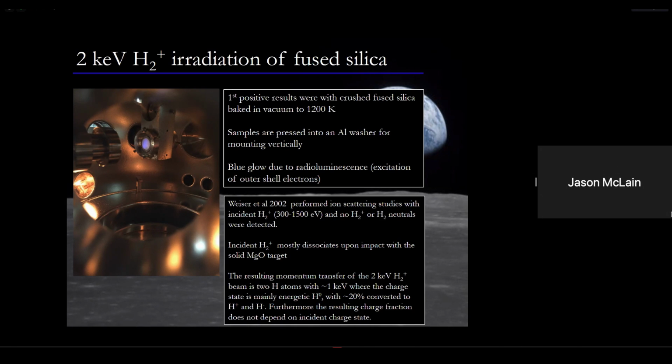Another interesting thing is that this process doesn't even really depend on the initial charge fraction of the ion. So you can have H+ or H- or H neutrals, and you still get this transfer of about 80% neutrals.